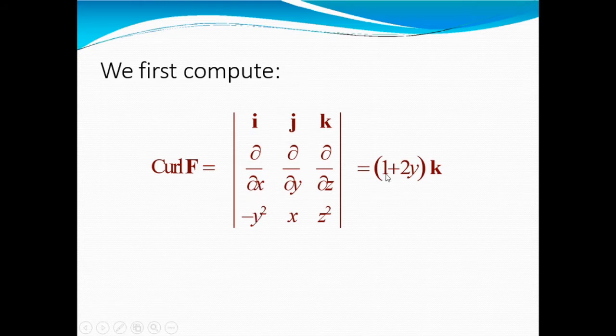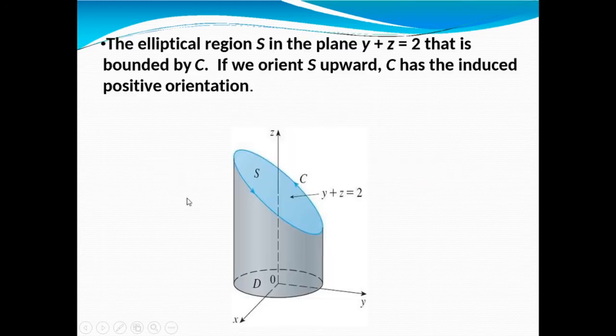So minus of minus becomes plus, and we take the partial derivative with respect to y of y², so we get 2y. Hence we got 2y here. So this is with respect to the kth component, or kth unit vector. Hence (1 plus 2y) into k. I, j components become 0, whereas the kth component we got as 1 plus 2y into k. This is the value of curl F.